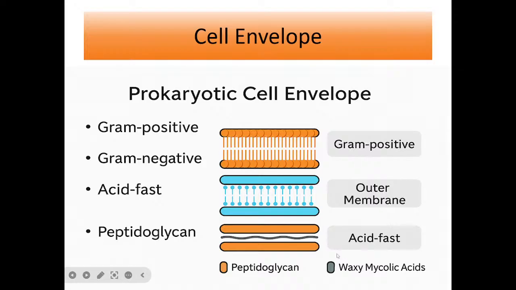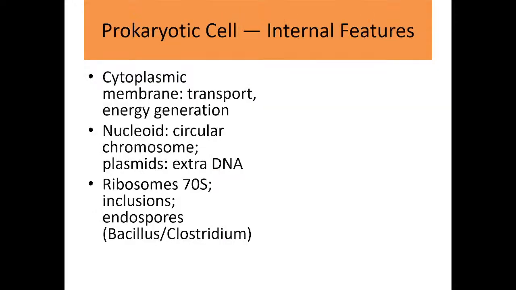You can see acid-fast, they have waxy mycolic acid, apart from having peptidoglycan in the middle. Okay, so now, like I said, the internal features consist of a cytoplasmic membrane, which they use for transport and energy generation.